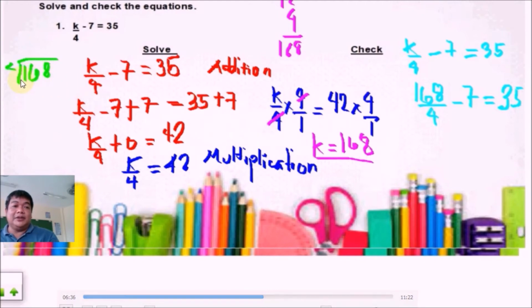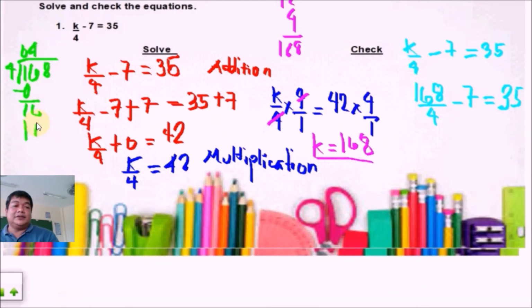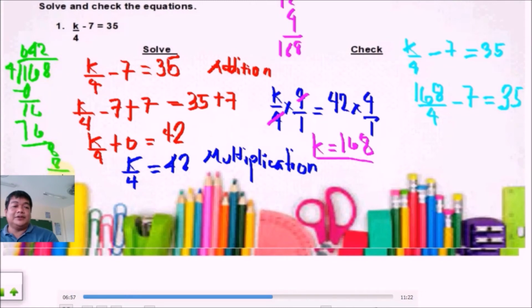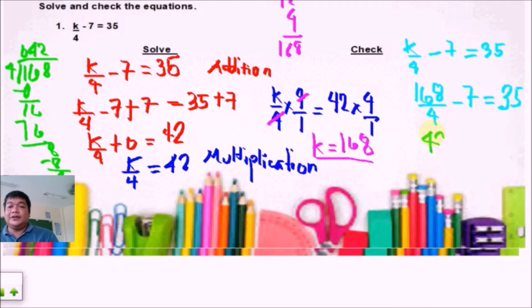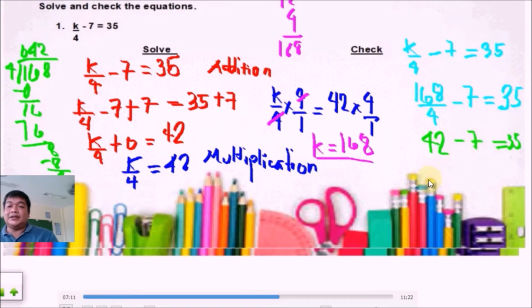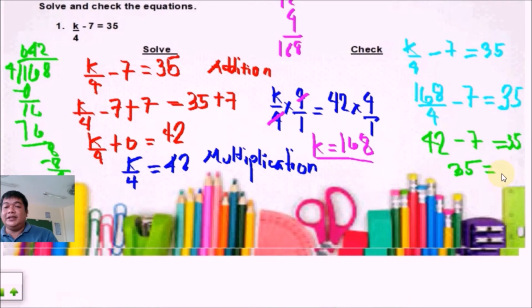So 16 divided by 4 is 4, then 16 minus 16 is 0, bring down 8, 8 divided by 4 is 2, so the answer is 42. So 42 minus 7 equals 35. Okay, so 42 minus 7, that is 35.